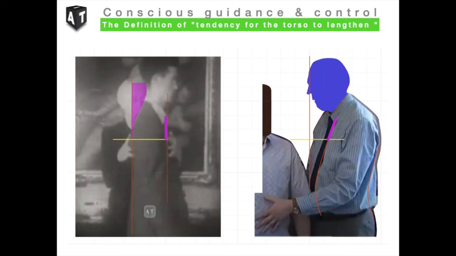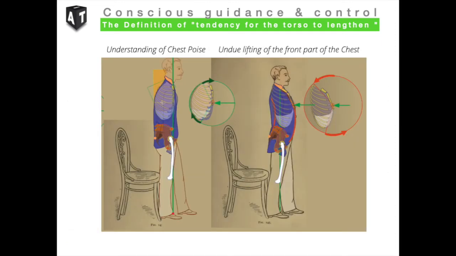If you were to place the same hands, Alexander's hands, on the body of the senior teacher, you would find that the front end would be much higher than the back one, an undue lifting of the front of the chest. So this is applicable when you see a person standing, but there is another condition.